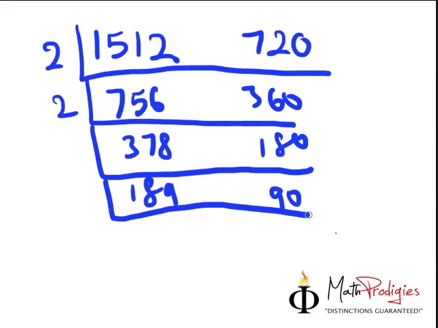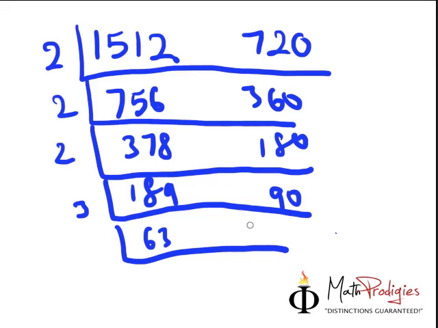Now can we divide by 2? Most probably not. 189 divided by 3, what do you get? 63. Divide by 3, we get 63 and 30. Divide by 3, we get 21 and 10, sorry.